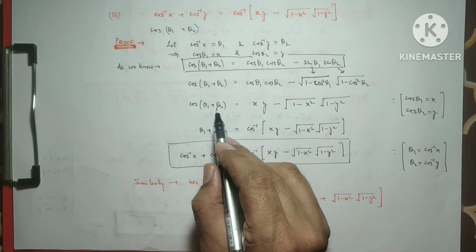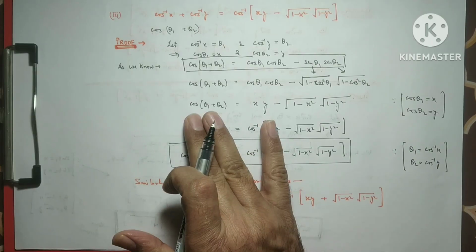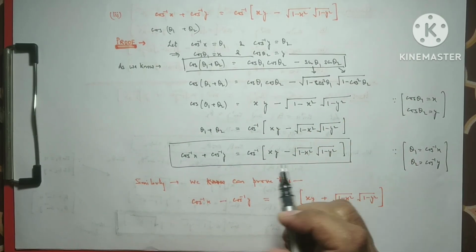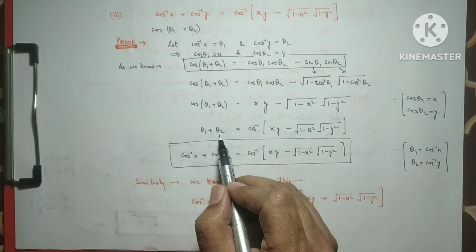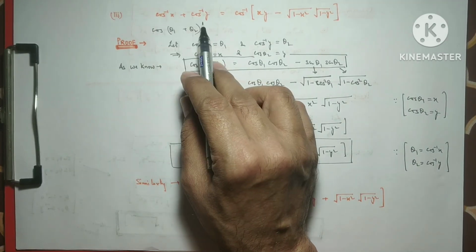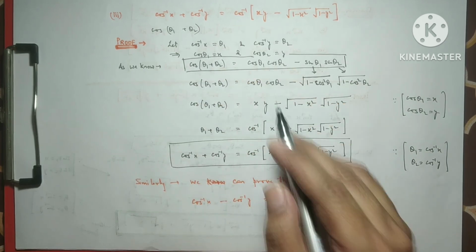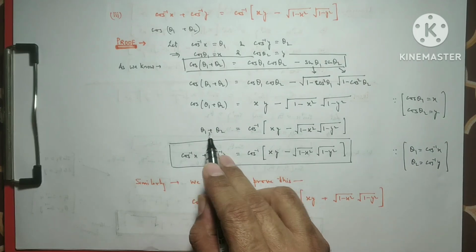So the right hand side is now completely transformed in terms of x and y. Cos of theta 1 plus theta 2 equals this, and theta 1 plus theta 2 is cos inverse of this right hand side expression. Now we should convert these angles back as required, so theta 1 is cos inverse x and theta 2 is cos inverse y. We substitute these values in this expression.